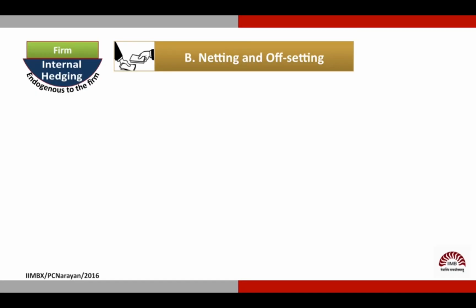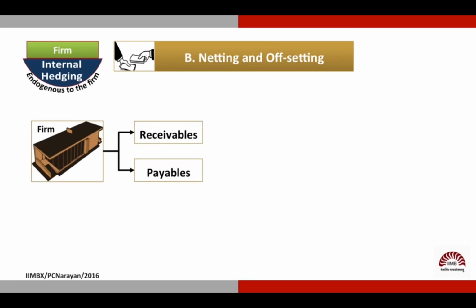Another feasible internal hedging technique is netting and offsetting, whereby receivables and payables in a currency are matched by the firm. Hence, foreign exchange realized would be the net amount, and therefore the transaction exposure and the risk thereof would also be on the net amount.